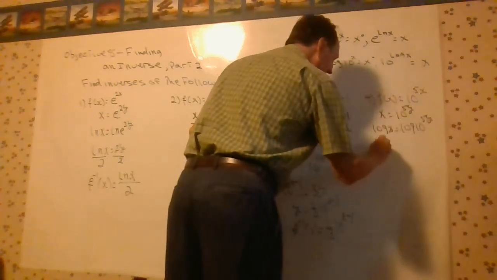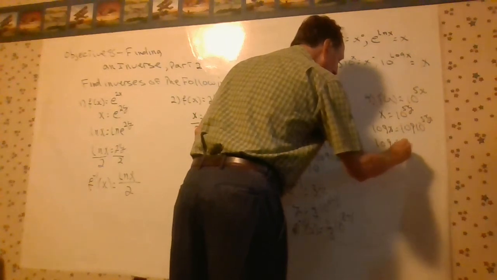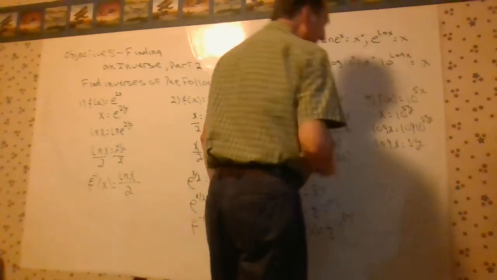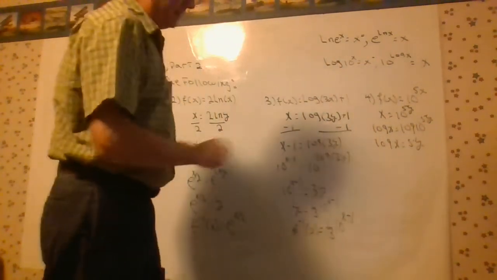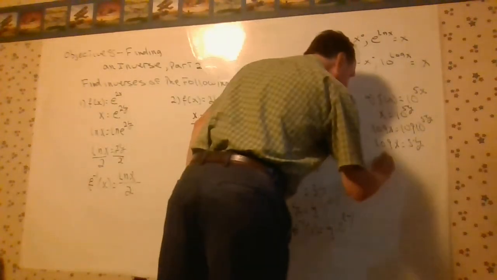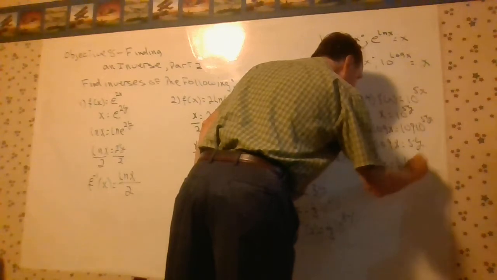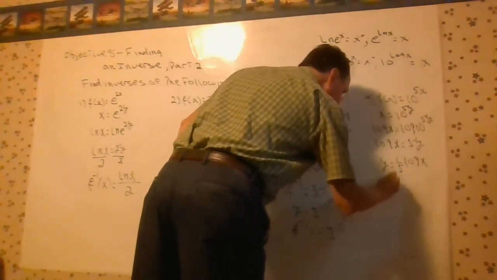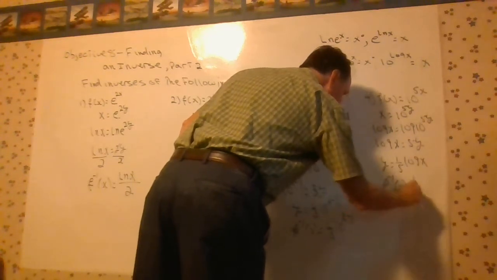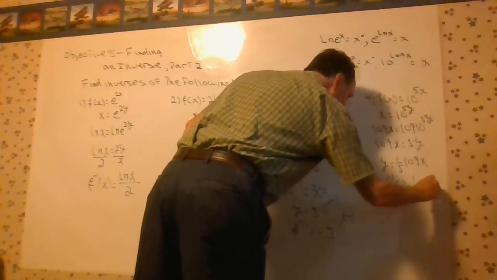And so we have log x is equal to 5y. Log and 10 cancel. Take 1/5 of each side. Y equals 1/5 log x. And of course, f inverse is 1/5 log x.